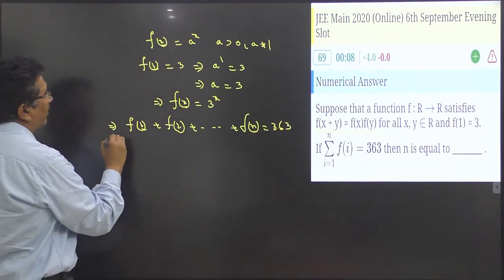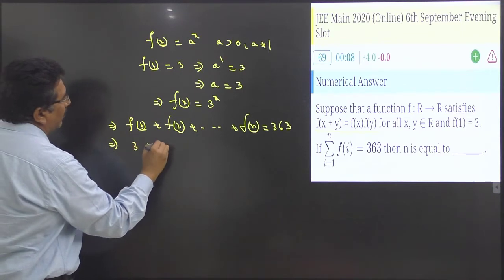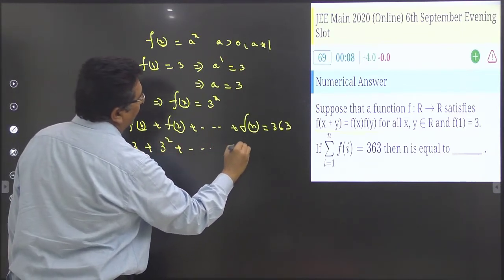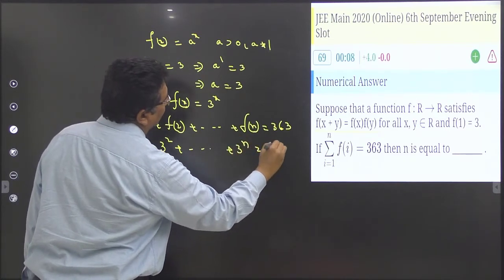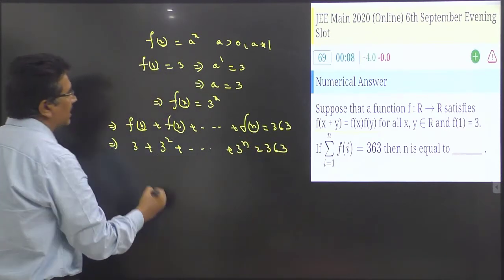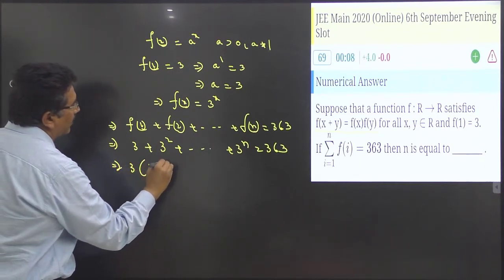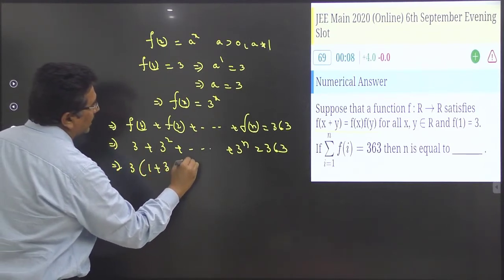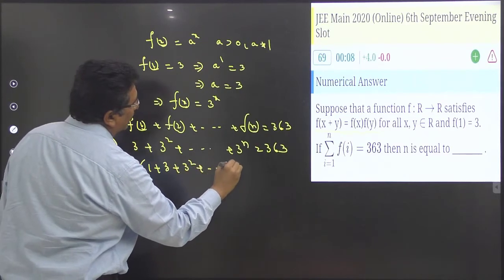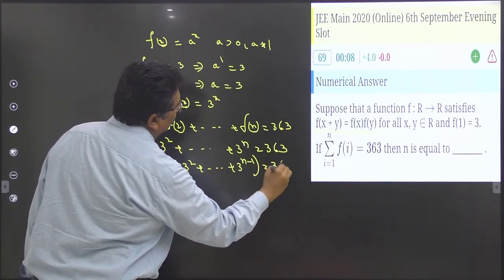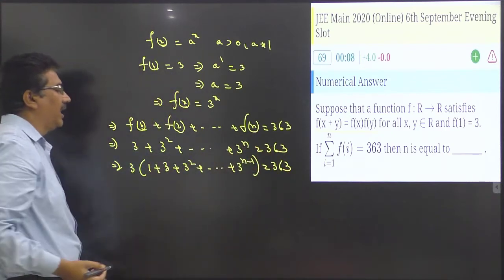What is f(1)? That is 3. What is f(2)? 3 squared, and so on. Now take 3 as common: 3(1 + 3 + 3^2 + ... + 3^(n-1)) = 363.